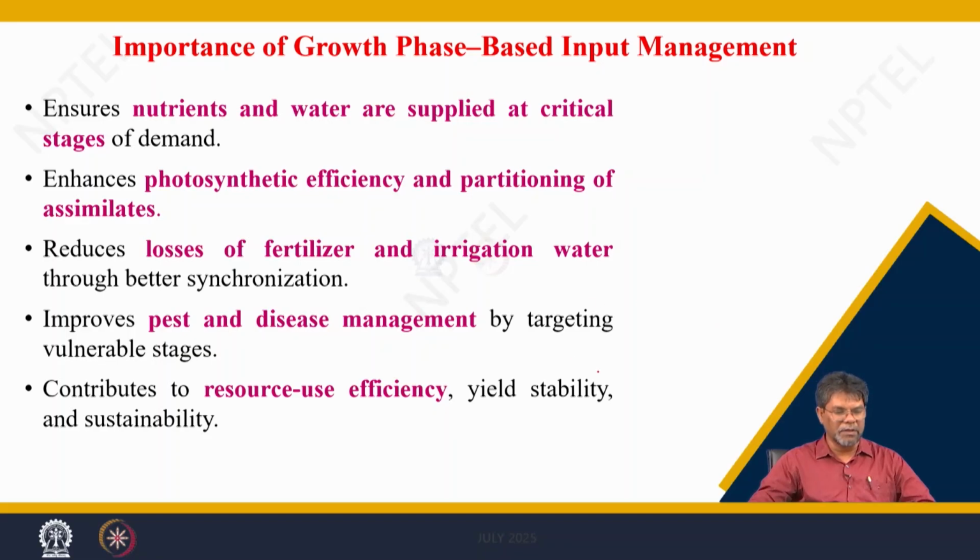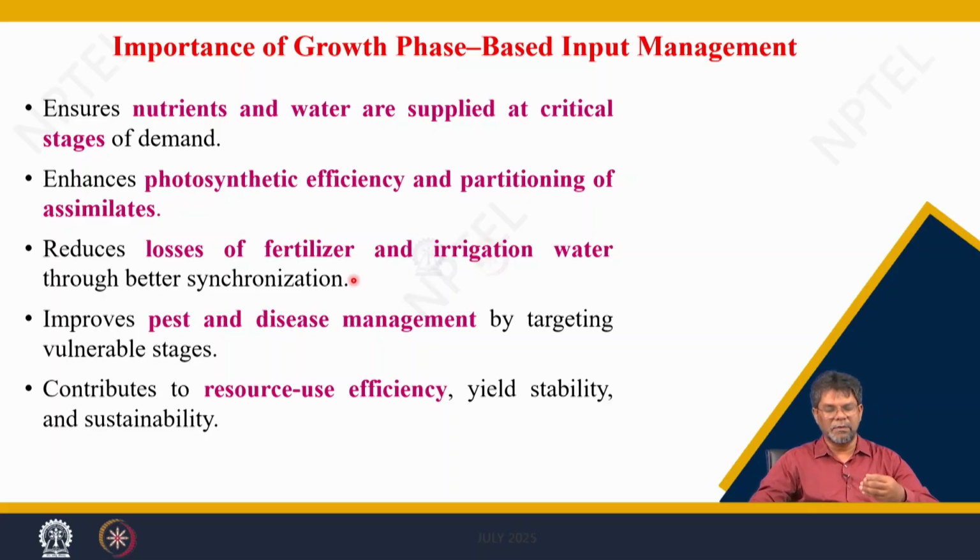Already I have discussed that this helps in understanding nutrient management and water management. By knowing these growth phases, nutrient and water management enhances photosynthetic efficiency and the partitioning of assimilates from storage parts like the leaf to the grain parts, and that reduces losses, because if you go for stage specific applications, the efficiency is much better.